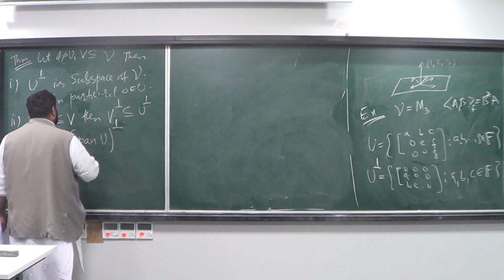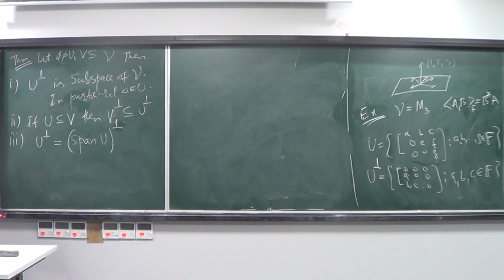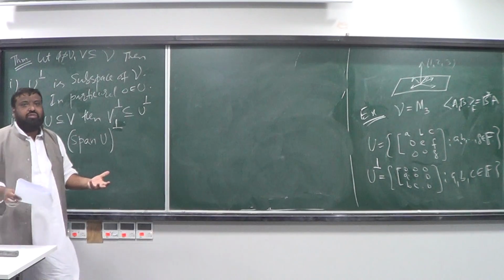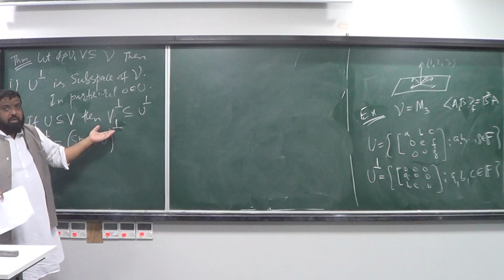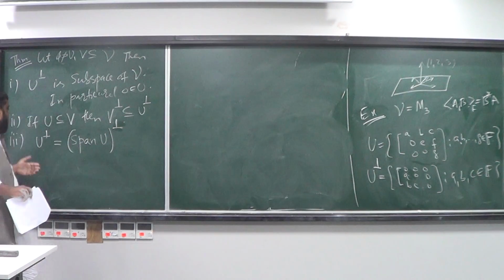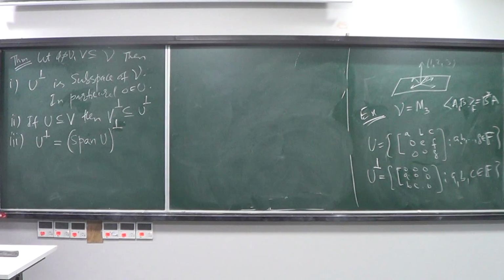This perp would be equal to the U perp actually. In other words, take subset U, consider all vectors that you can make out of that set U, and consider its perp. That perp would be equal to the U perp.